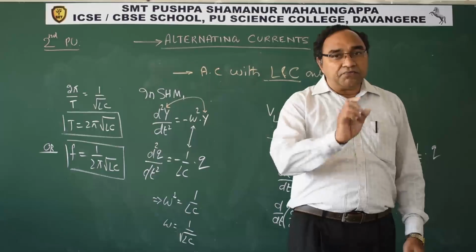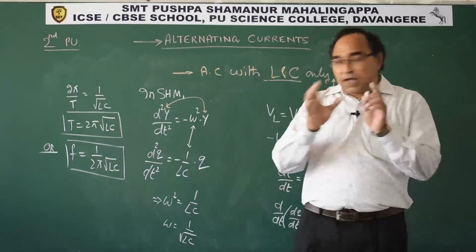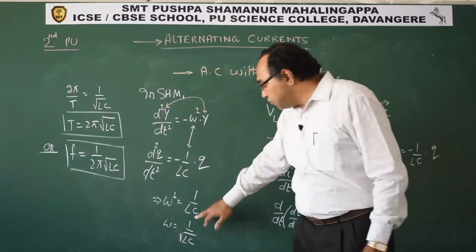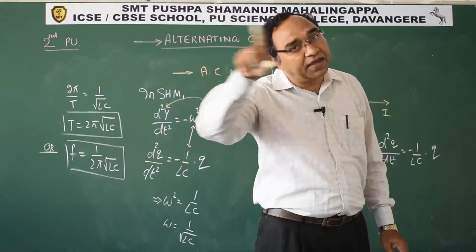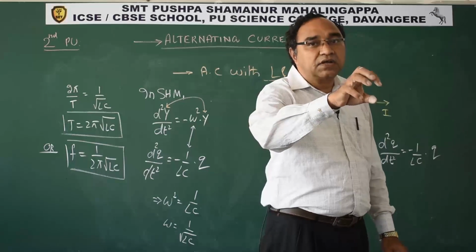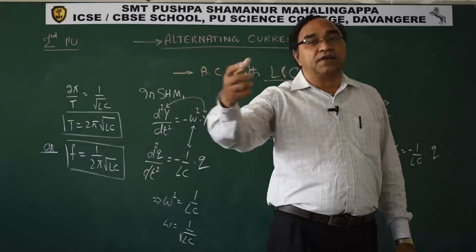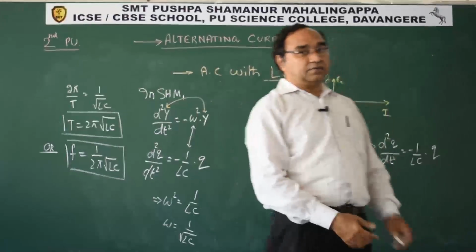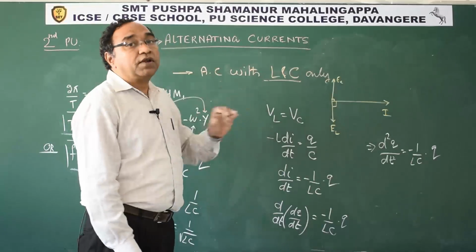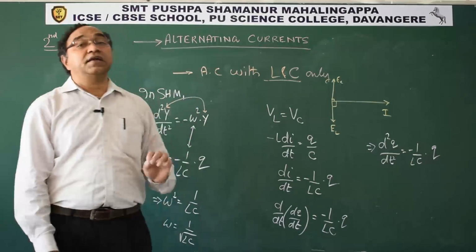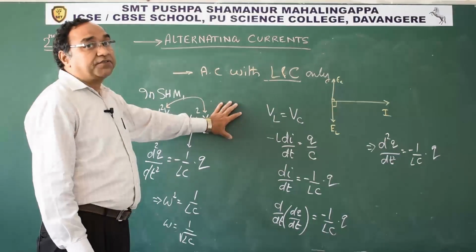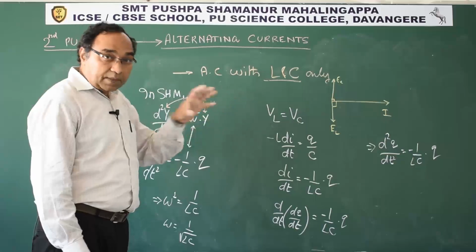Now if I make my LC circuit, my oscillator, and force the charge to oscillate at the same frequency, then the energy of the charge will be converted into sound wave and we hear that radio station. That is exactly how radio is designed, and how we use the LC circuit in daily life. So it is not confined to the books.